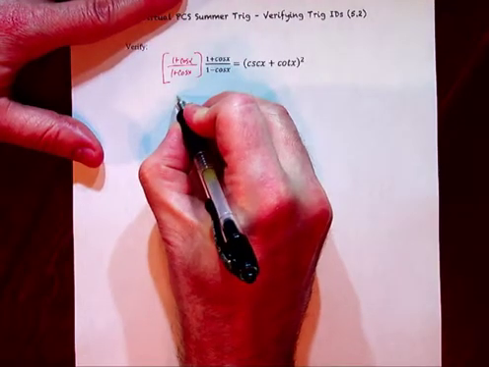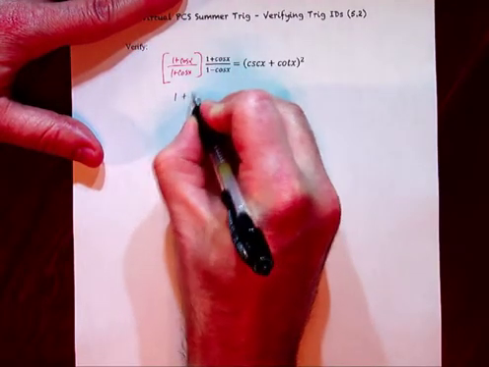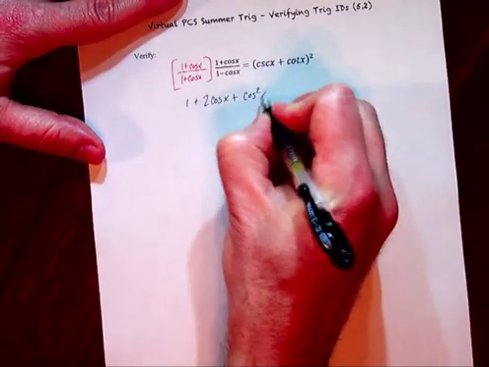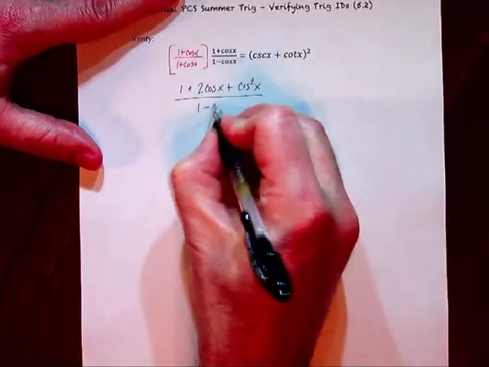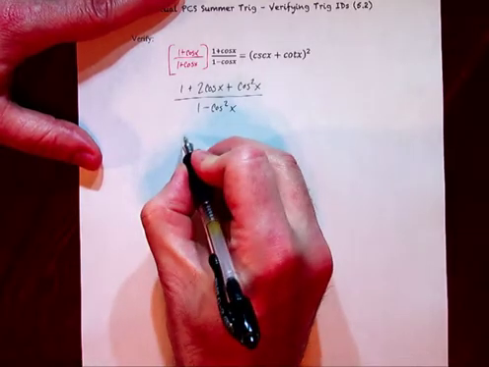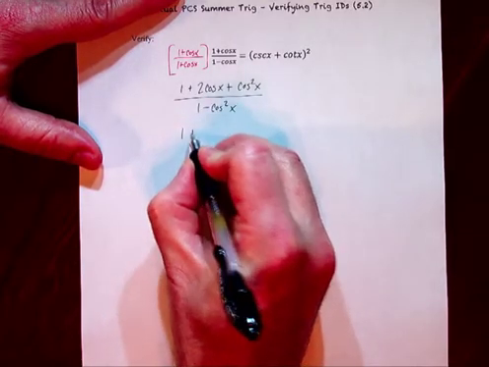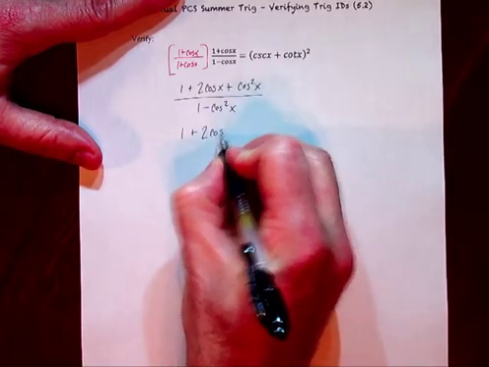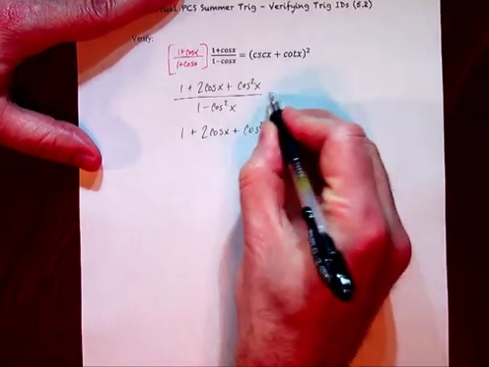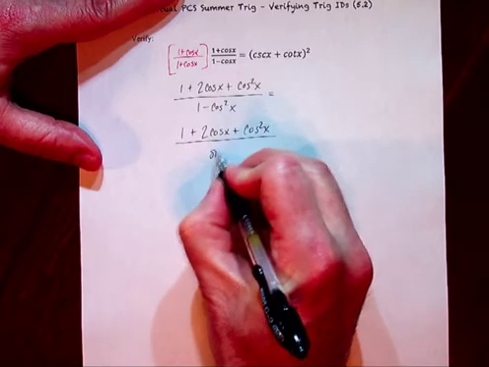And so what we have here is 1 plus 2 cosine x plus cosine squared x, all of that over 1 minus cosine squared x. Well, if we then transform that denominator using the Pythagorean, we get sine squared x.